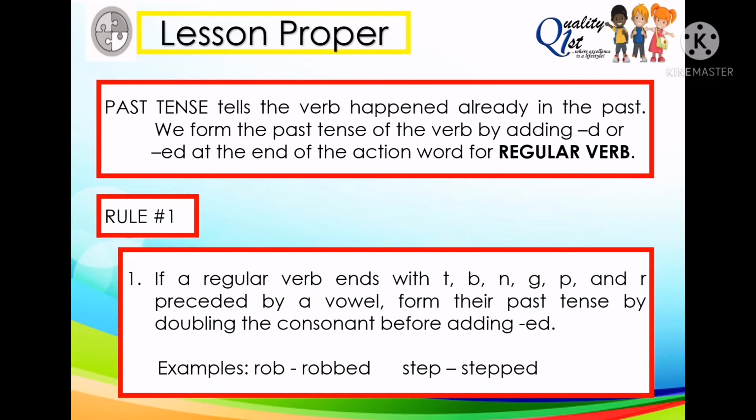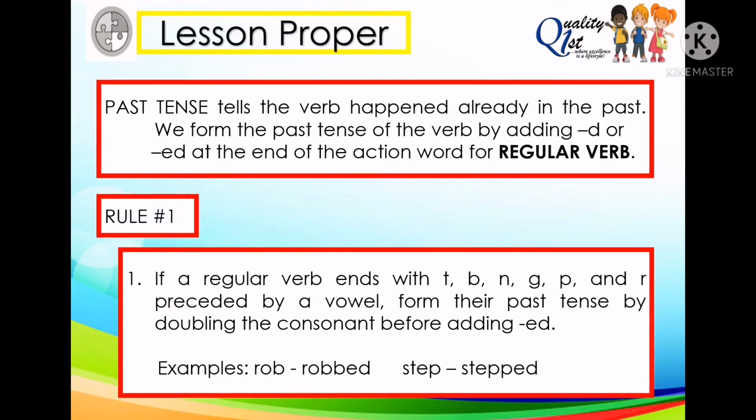Now, let's have rule number 1. If a regular verb ends with letters T, B, N, G, P, and R preceded by a vowel, form their past tense by doubling the consonant before adding ed.